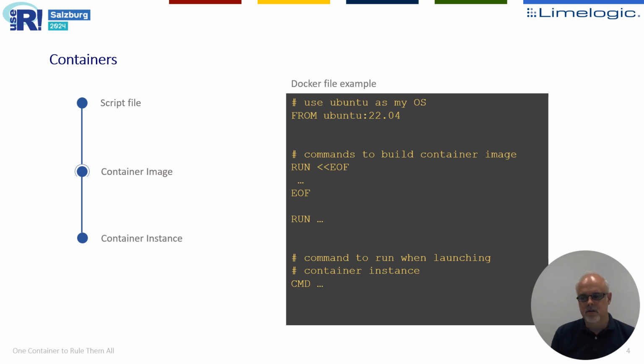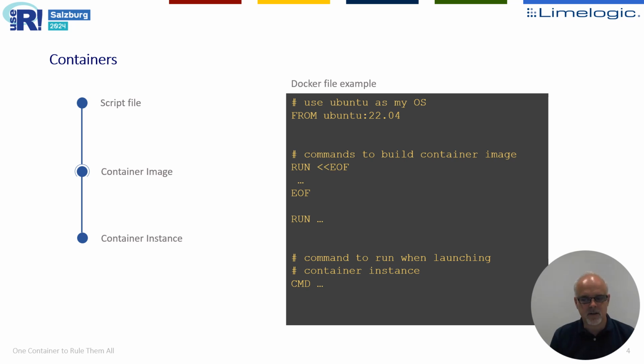Now, the term containers is being used interchangeably to mean different things. But essentially, for R, we're going to treat containers as a cheap virtual machine. It's based on a container image, and the best analogy to a container image is a big zip file that contains all the operating system files, the files for R, all the files that you need for your packages and any other utilities.